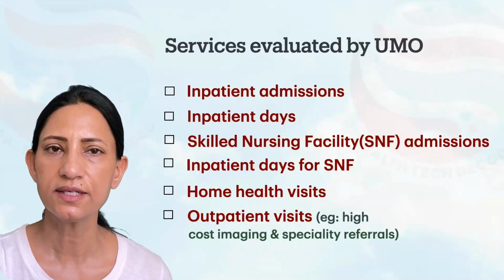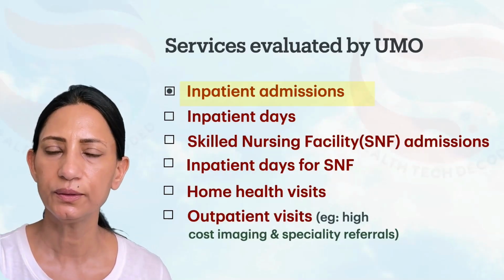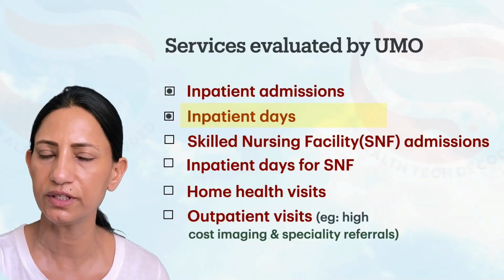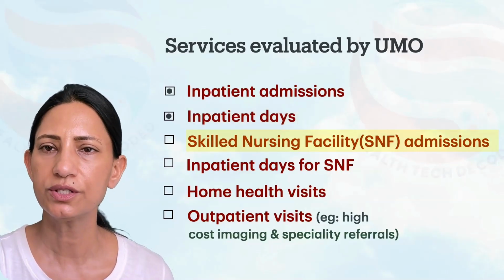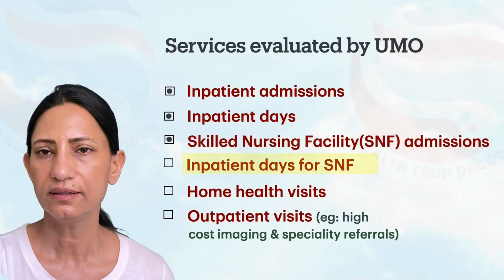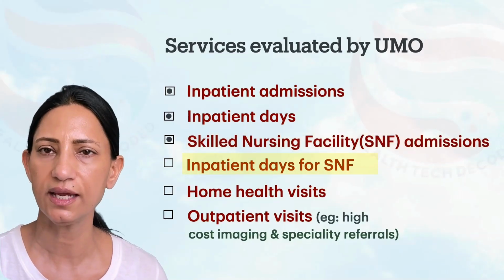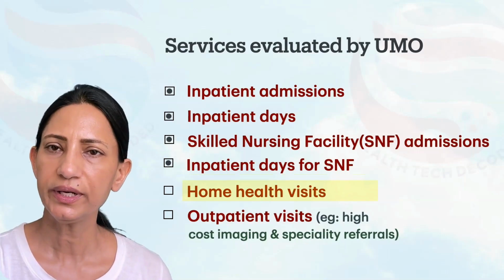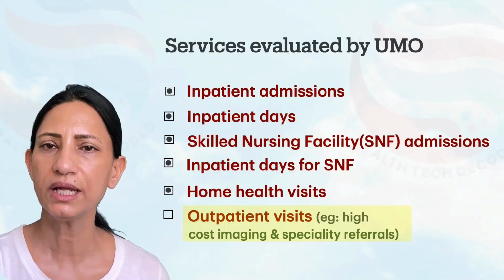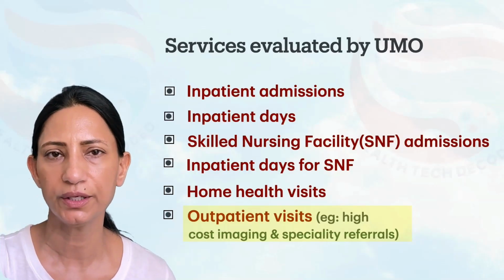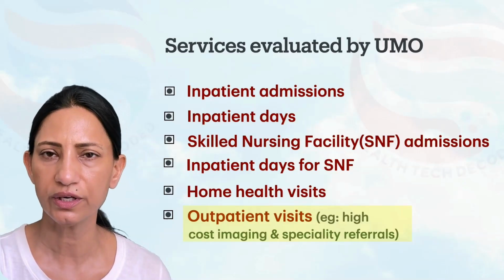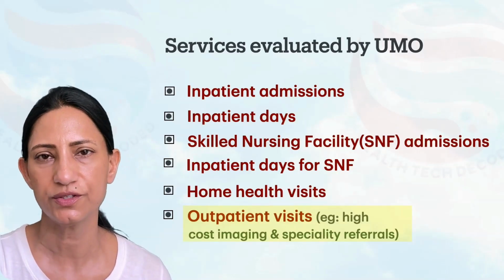The various services evaluated by UMO include inpatient admissions, whether required or not required, days for the inpatient stay, admissions to skilled nursing facilities, again the days for SNF inpatient stay. They also evaluate home visits, whether required or not. Then even some types of outpatient visits are evaluated by UMO. They include certain high cost imaging or even referrals to specialists.